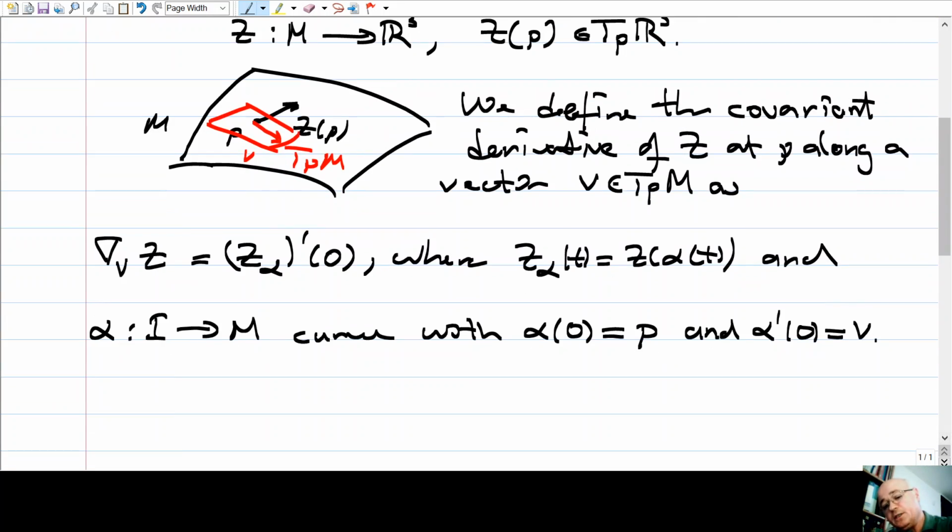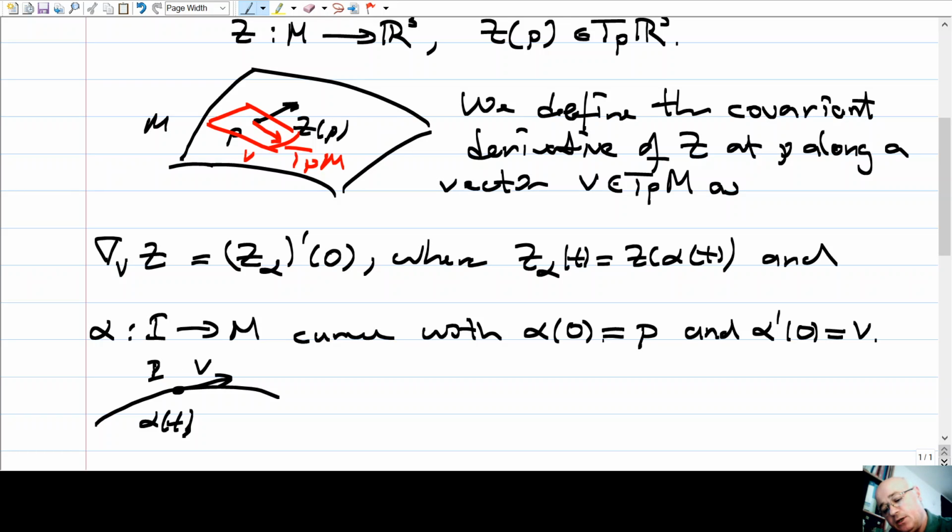Okay, so this is a way of taking derivative of an object along a vector v, right? You just pick a curve, alpha t, so that at the point 0, your curve is at the point p.